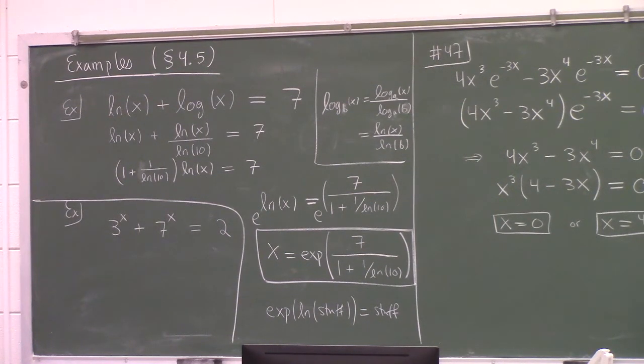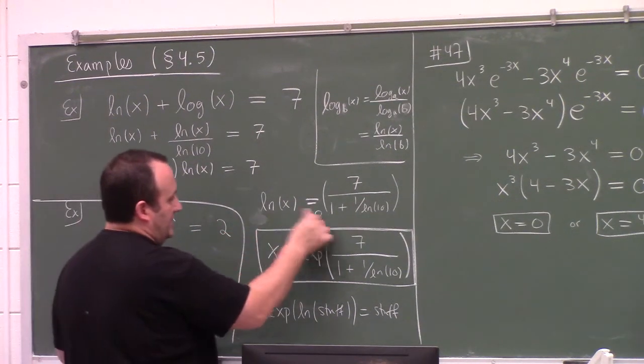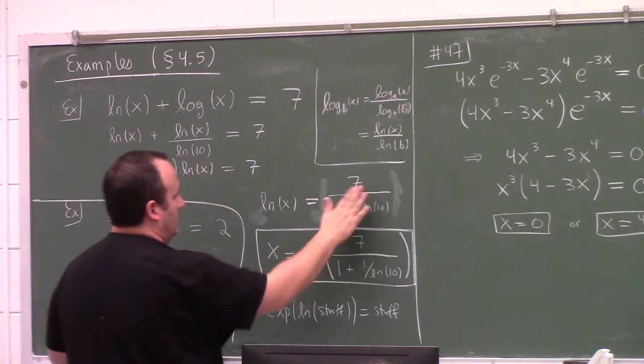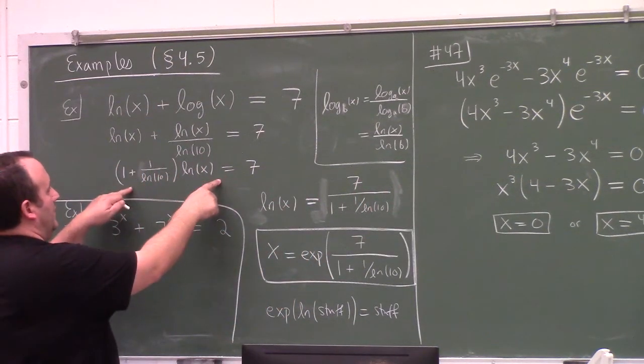Why did the ln x over ln 10 change to 1 plus 1 over ln of 10? Let me get rid of the e here for a second. You're asking about this equation? Oh, I just factored out.